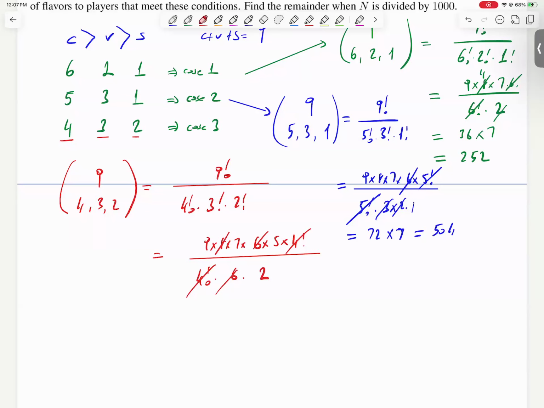We can simplify. 8 divided by 2 is 4, which is equal to 4 times 9, 36, times 35, which equals 1260.